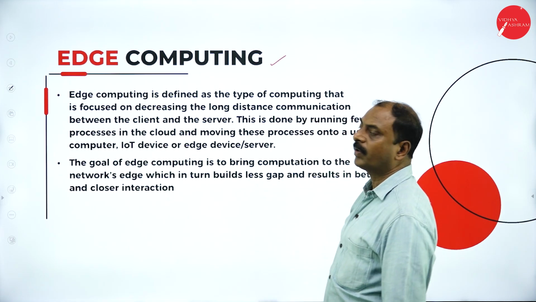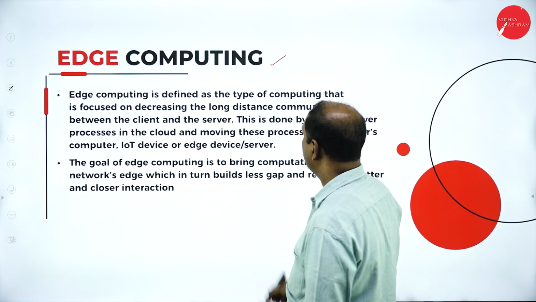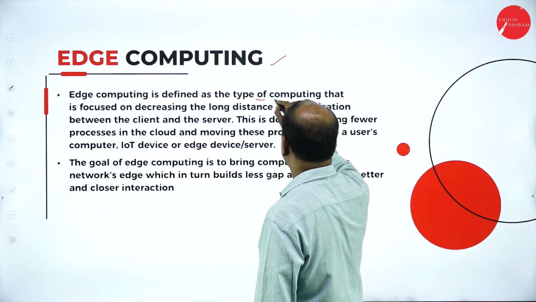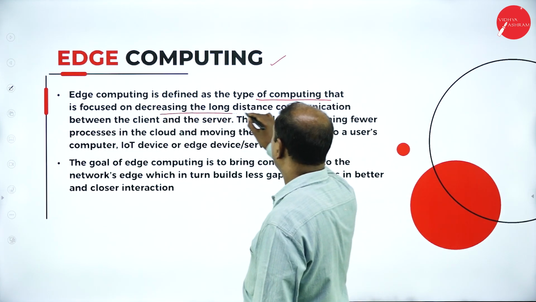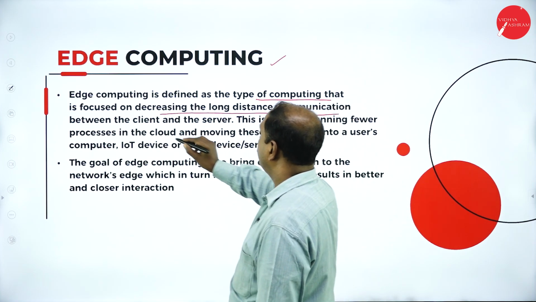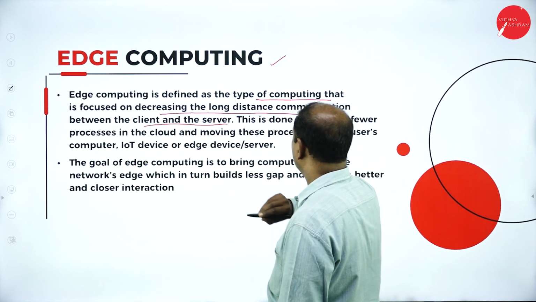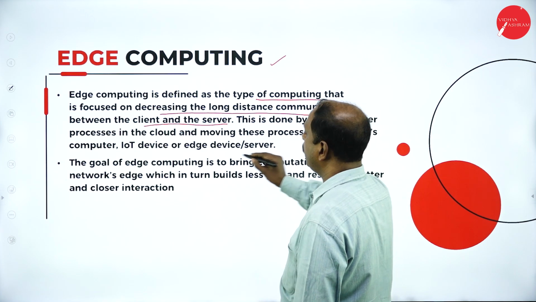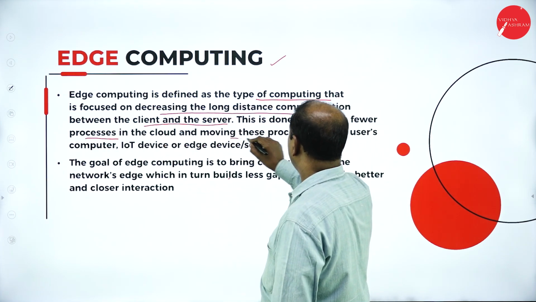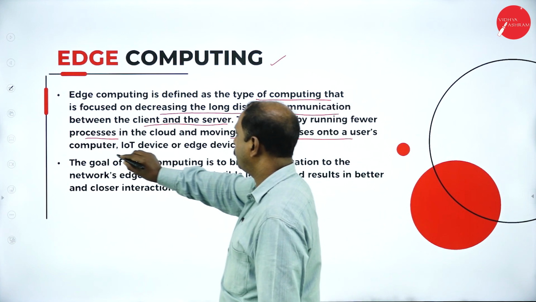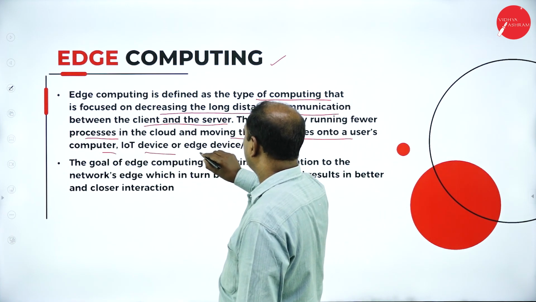Another type of computing system is edge computing. It is defined as a type of computing focused on decreasing the long distance communication between the client and the server. This is done by running fewer processes in the cloud and moving these processes onto the user's computer, IoT devices or edge devices.